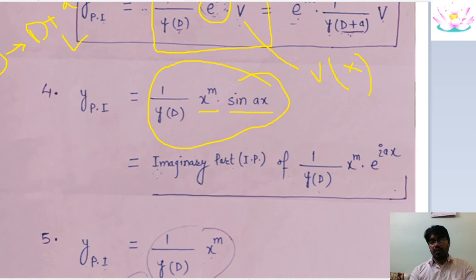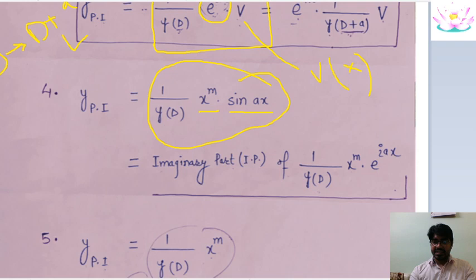In case of sine, we take the imaginary part. My case is sine, so I restrict myself to the imaginary part only. In case of cos, we take only the real part.